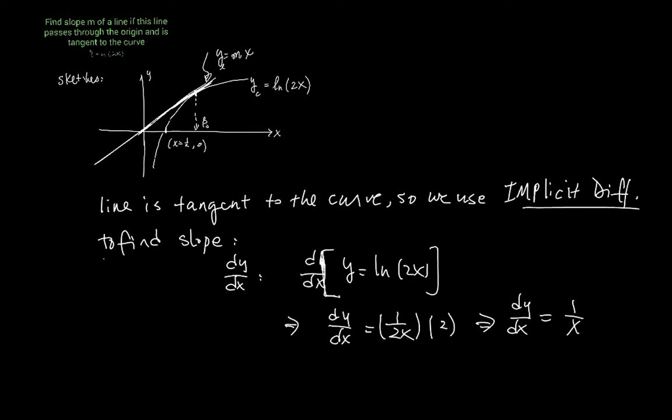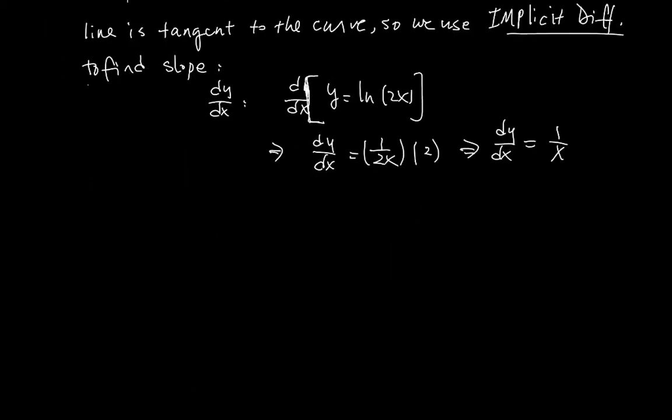That's where the implicit differentiation comes in. You have to treat it like a nested Russian doll. Anyway, so the slope is 1 over x, and depending on where my point of interest x is, the slope will change, of course.